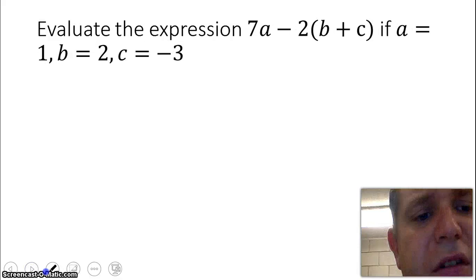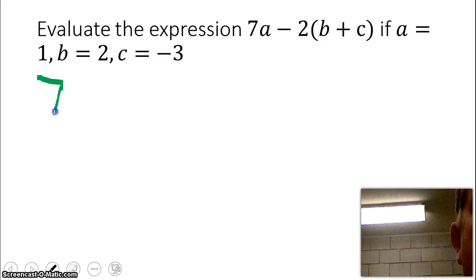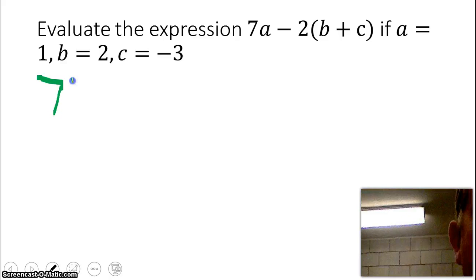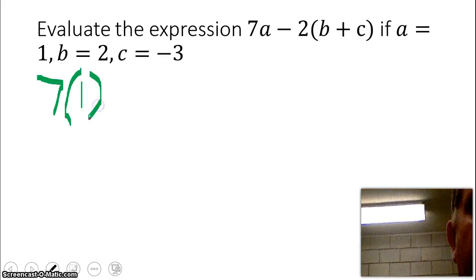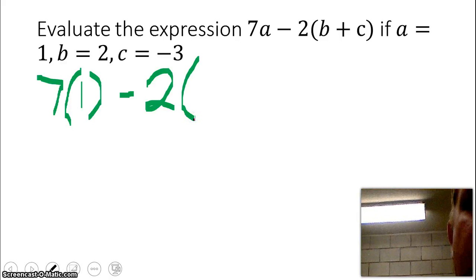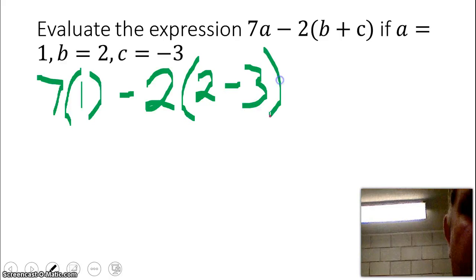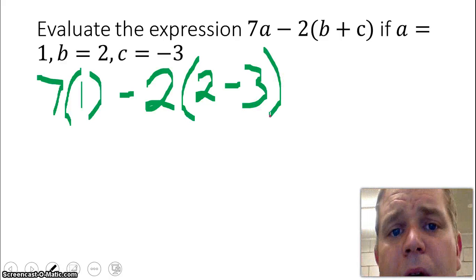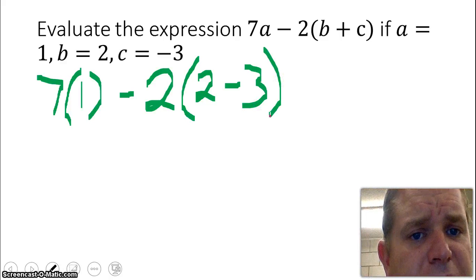We've got our substitution one. So we've got 7 lots of A. A is 1, so I'm going to put the 1 there. Minus 2 lots of B, which is 2, take away 3. So what do we start with?